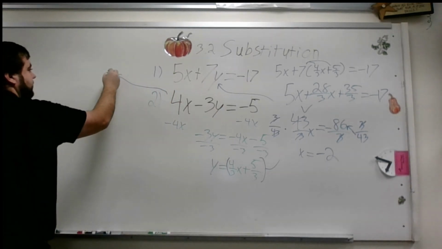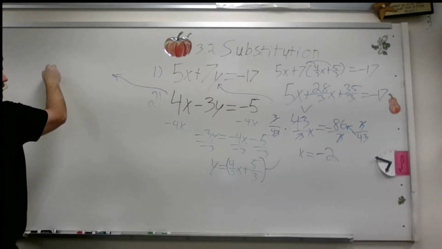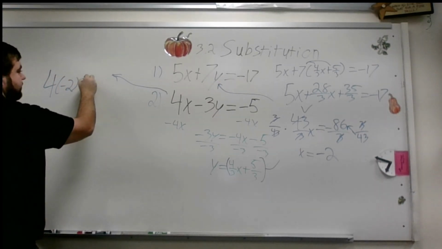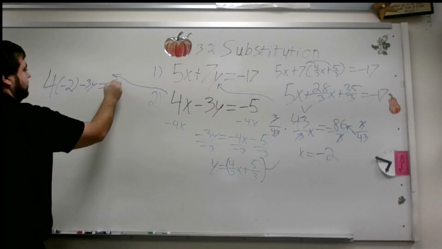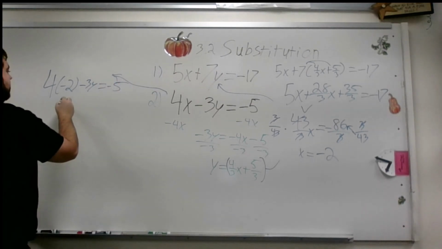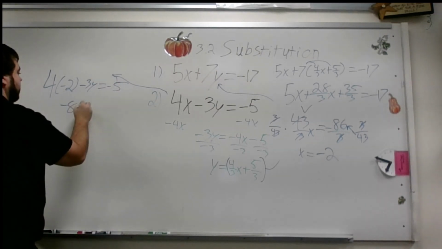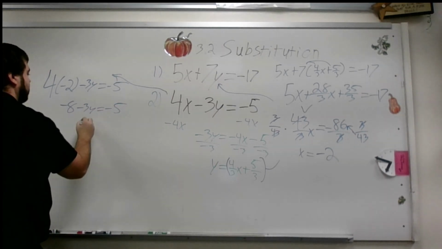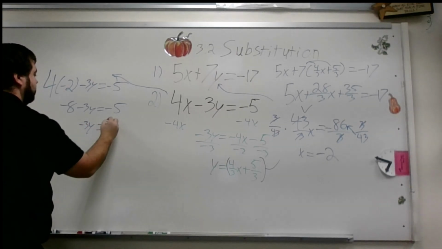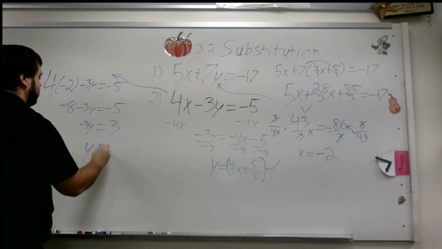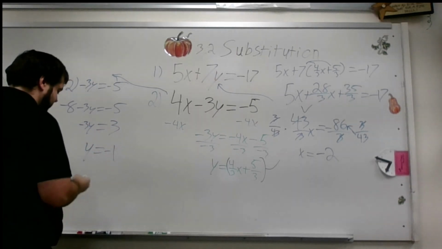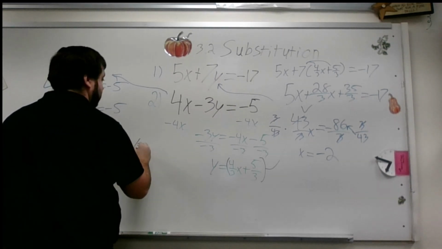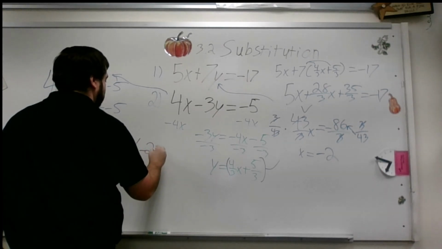I'm going to end up with 4 times negative 2 minus 3y is equal to negative 5. Negative 8 minus 3y is equal to negative 5. Negative 3y is equal to 3. y equals negative 1, giving me a final answer, negative 2, comma negative 1.